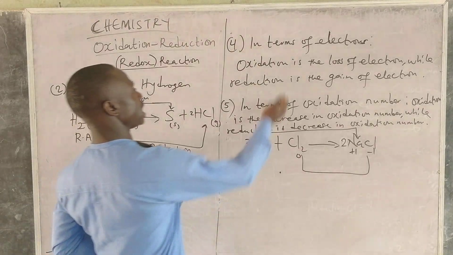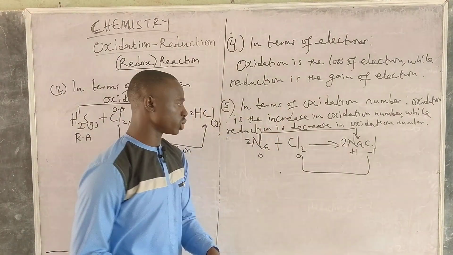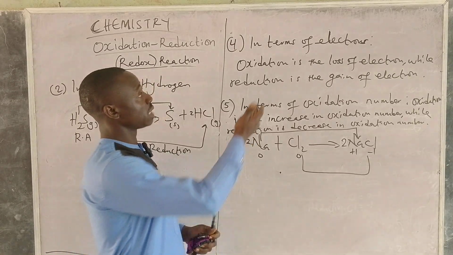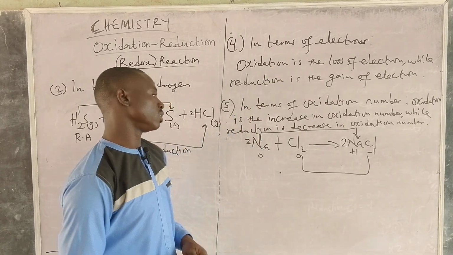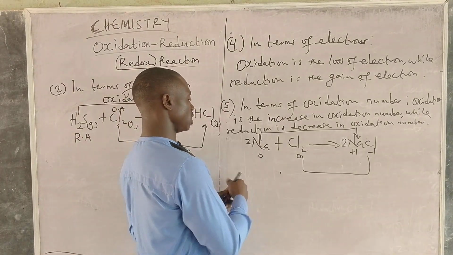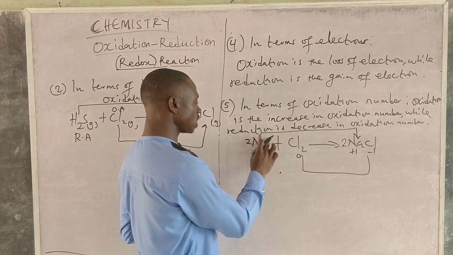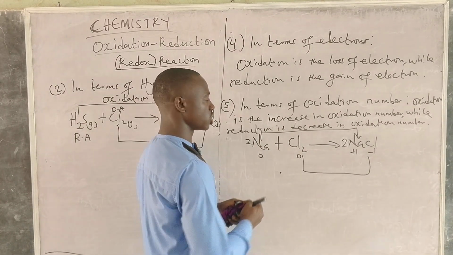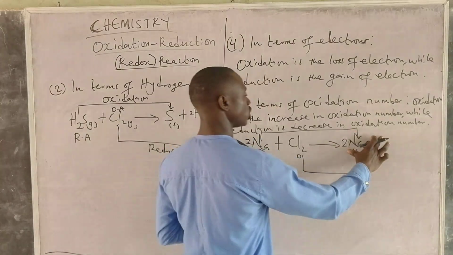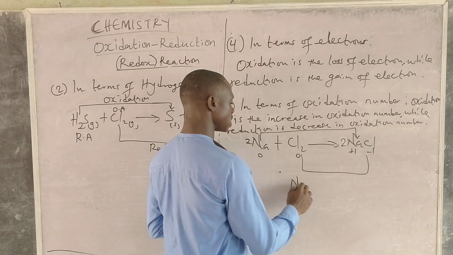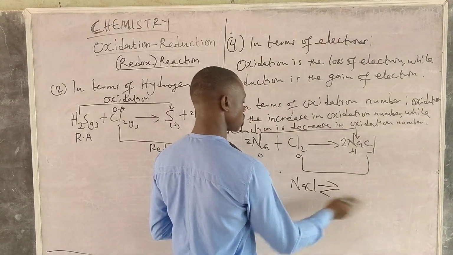All right. So I said I will use this same equation to explain the changes as in gain and loss of electron. Now, if you look at sodium here, the charge on sodium here is what? 0. The charge on chlorine here is 0. But if you are to write the ionic equation for sodium chloride on the right hand side of the equation, this is what happens.